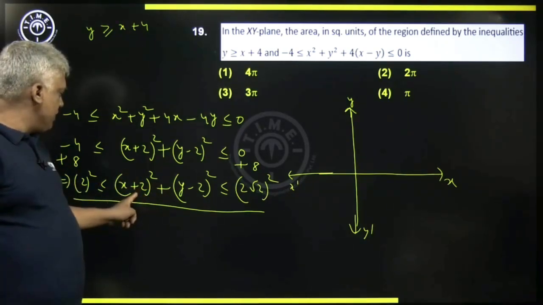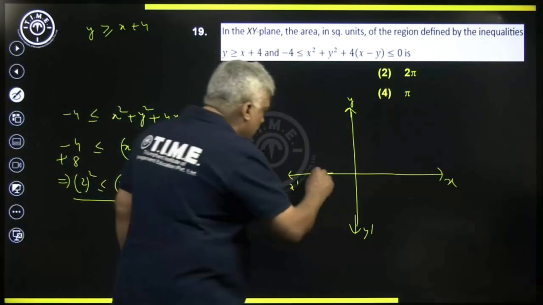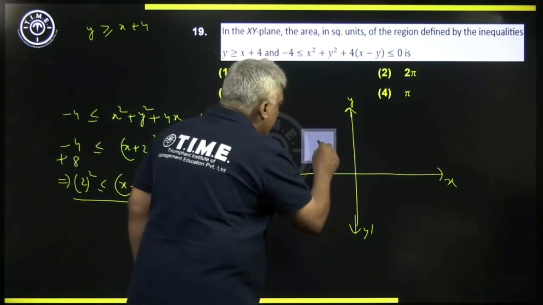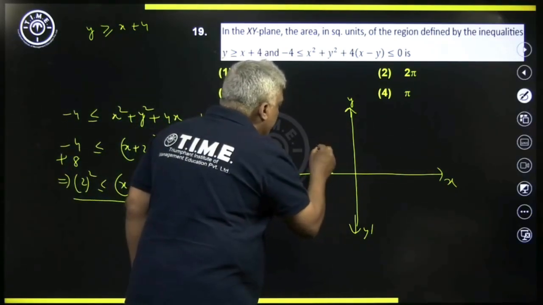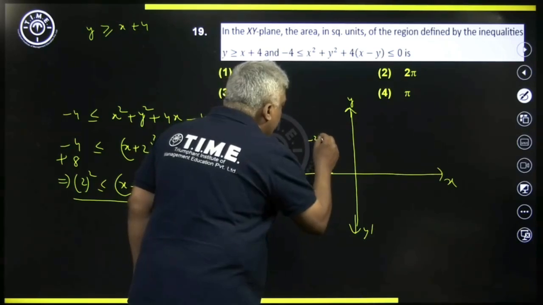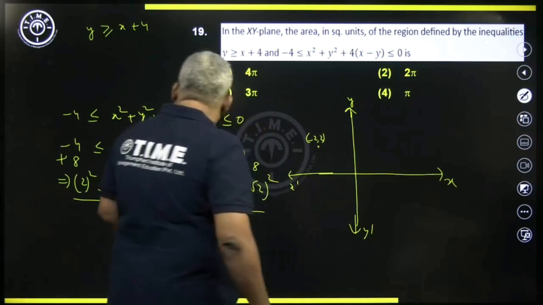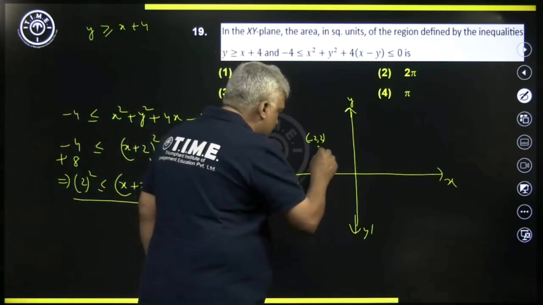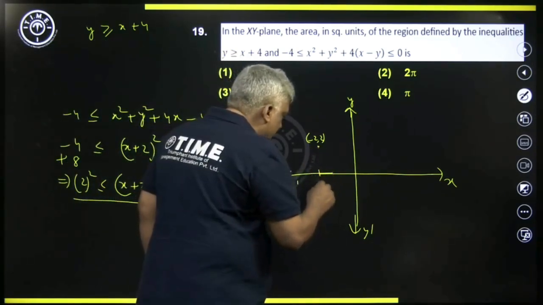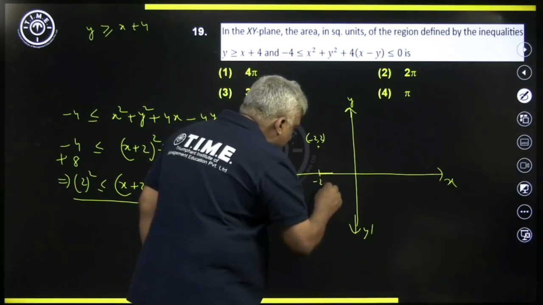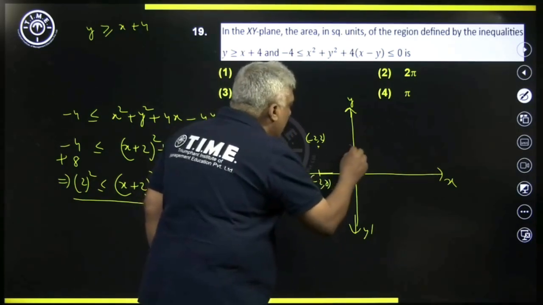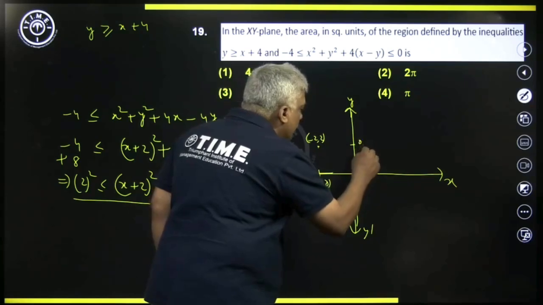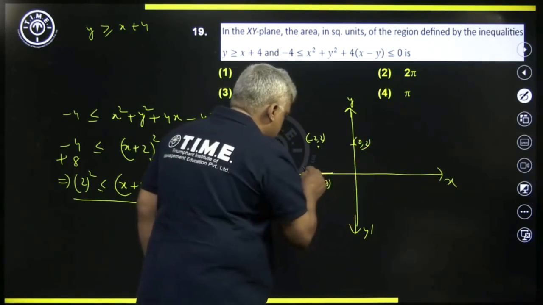The center is minus 2 comma 2 and the radius is 2. The circle will touch here at minus 2 comma 0, and here at 0 comma 2.